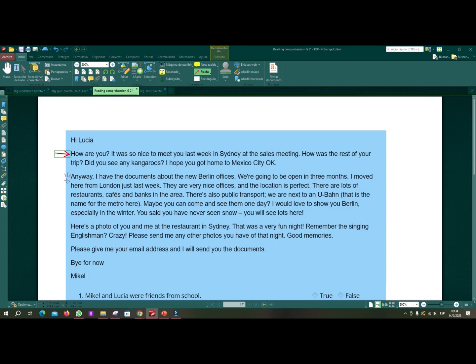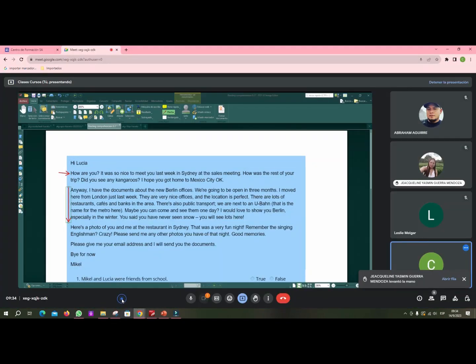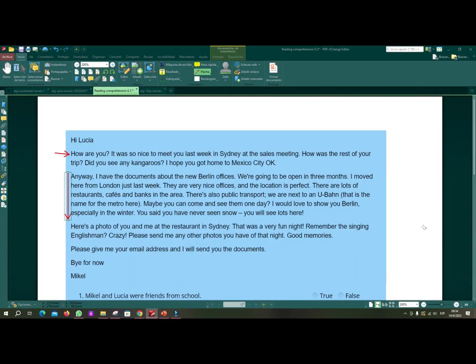So, what about the second paragraph? Who wants to help me read that one? Okay, thank you, Miss Jackie. Go ahead. Anyway, I have the document about the new Berlin office that they opened three months ago. I moved here from London just last week. They are very nice offices and the location is perfect.